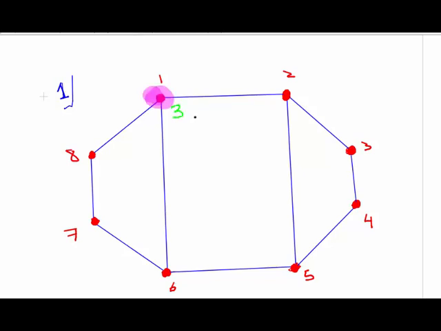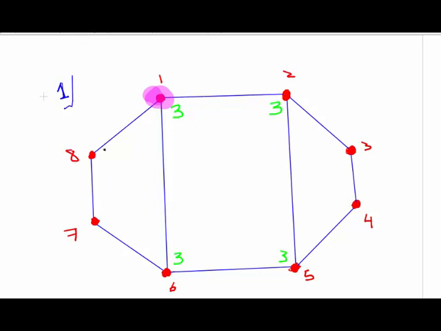So vertex 1 has 3 edges connected to it already, so that has degree 3. Okay. Likewise 2, 5, and 6. So they have degrees 3 each. The rest of them have 2. Okay. 3, 4, 7, and 8 right now have degree 2 because there's 2 edges connected to them.